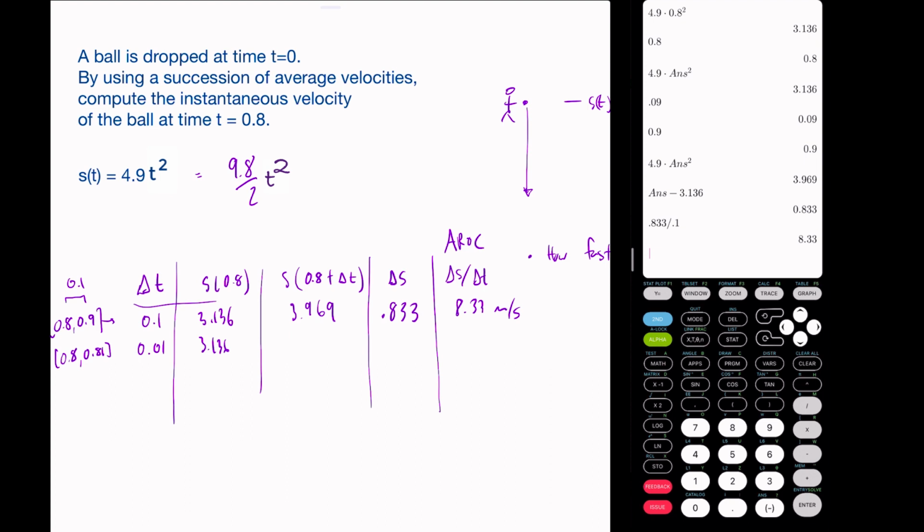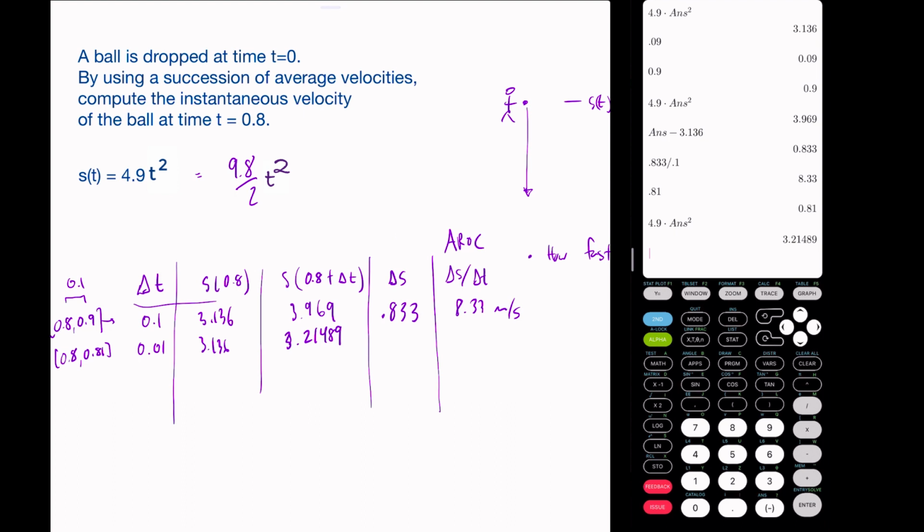So I'm going to go 0.81, enter, and I can recall my previous values that I entered. So we'll go 4.9 answers squared. And I have 3.21489. Now I need the difference between these two columns, and that goes right there.